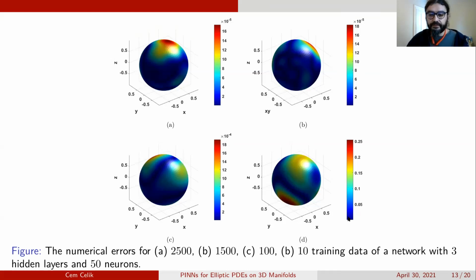I don't know why they tried 10 training data. In all these examples they used 3 hidden layers and 50 neurons as the network structure.